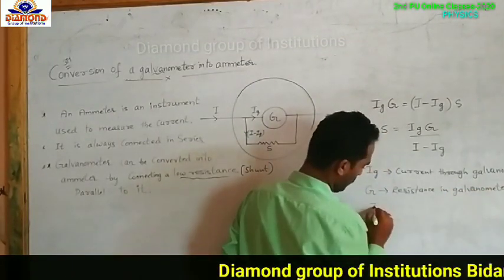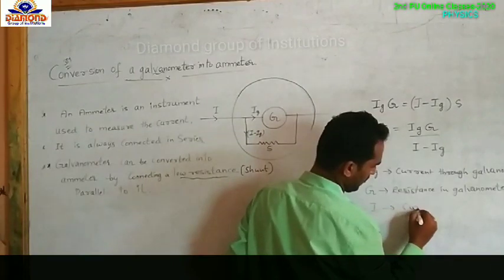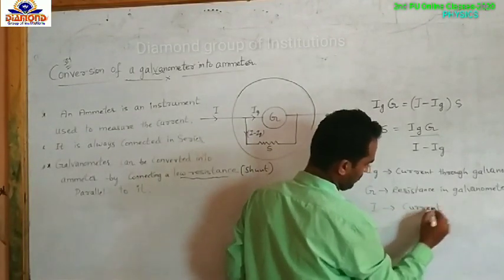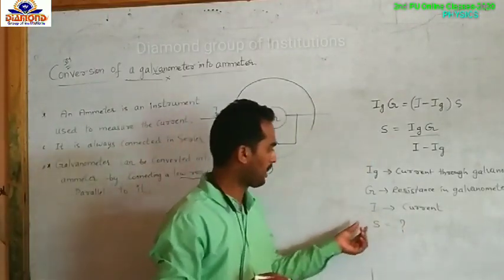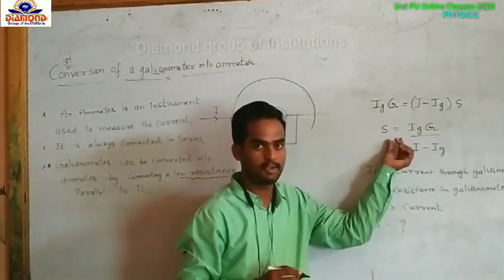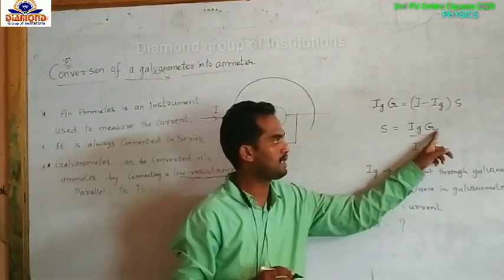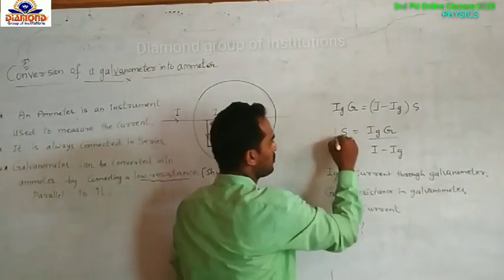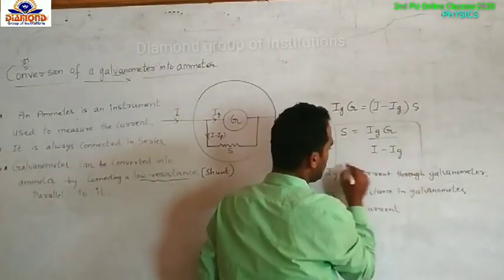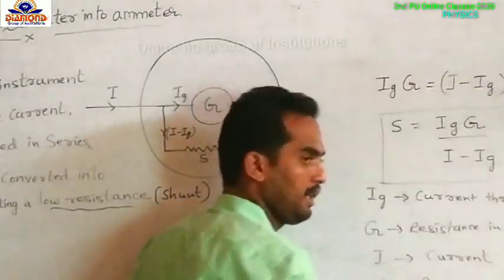And I is the current. S is the question mark. So you can find the value of S using the expression Ig into G divided by I minus Ig. This is the most important expression. Based on this, you can expect a problem also.